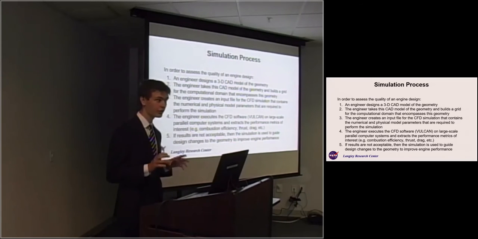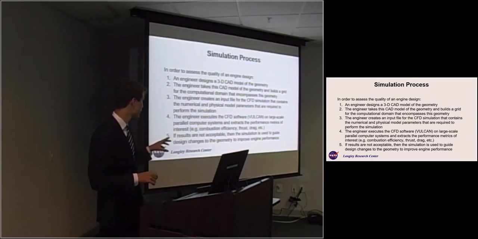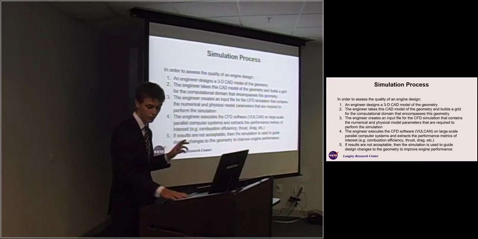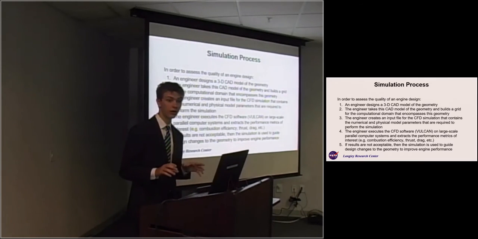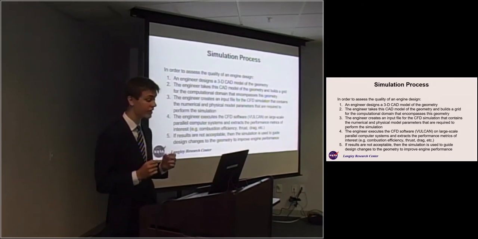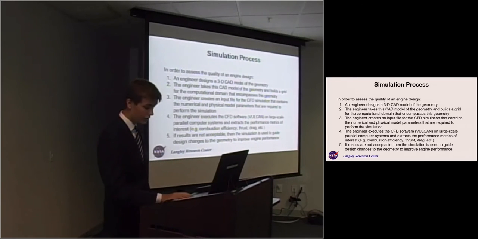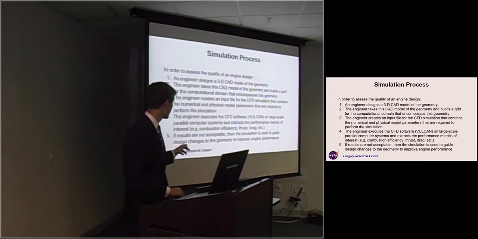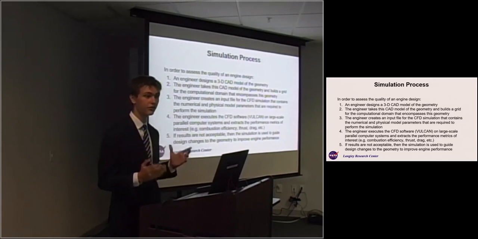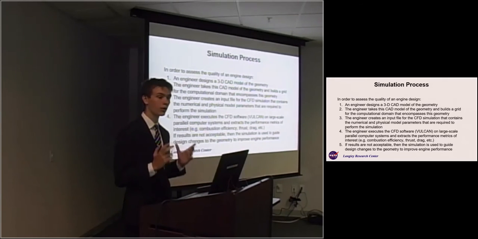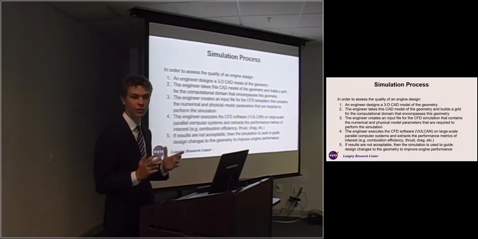Then the engineer takes this CAD model and runs it through software that will create a grid, just like this one. Then he will create an input file for the CFD simulation that says, this is what I want, this is how I want to run my simulation, these are the assumptions I want to make.